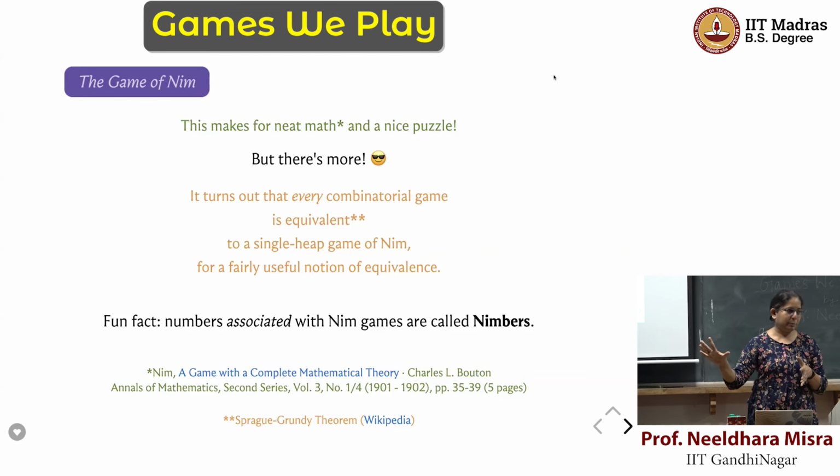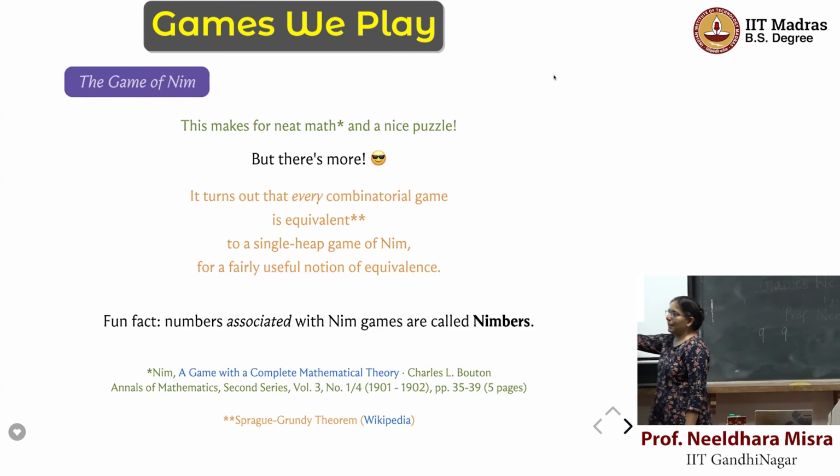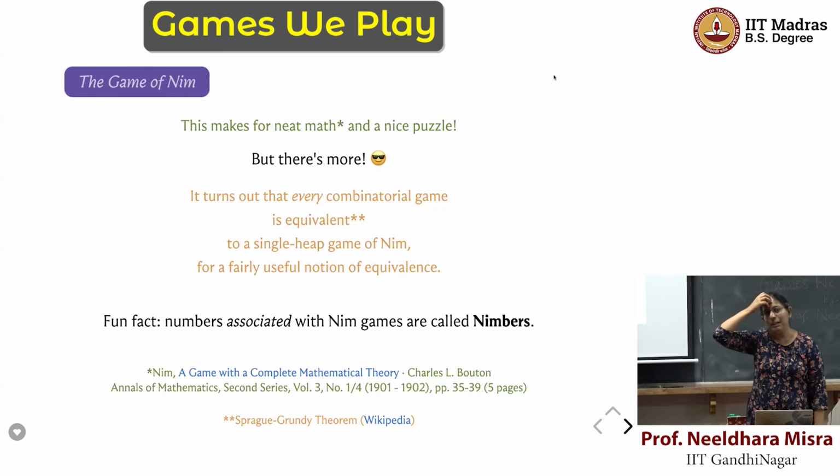Okay? Impartial is important. As long as you're playing an impartial game, you can come up with totally crazy rule sets, but whatever you define, there is a very mathematical sense in which it basically is NIM. It's equivalent to NIM. It's the same as NIM.